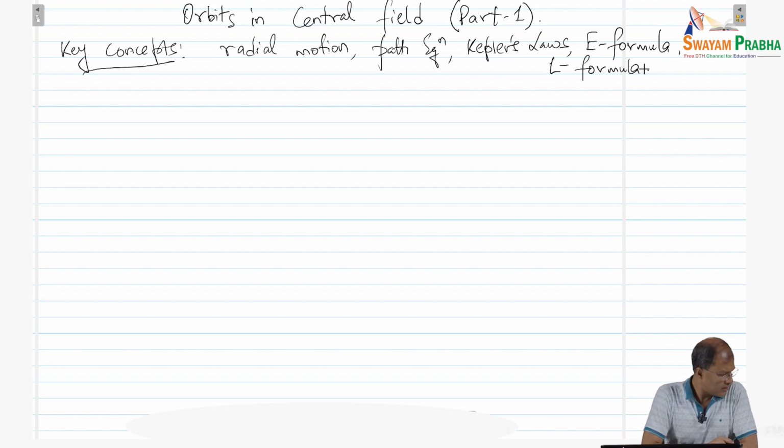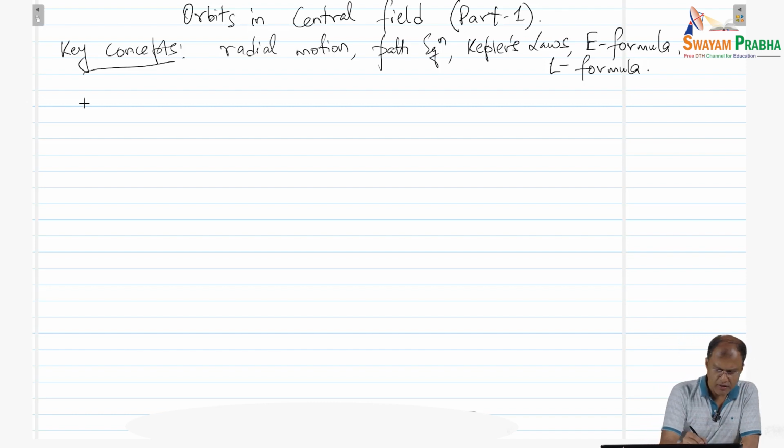Okay, so it turns out that the next biggest thing after the three laws of motion by Newton were the three laws of planetary motion by Johannes Kepler, which came a few decades later. These three laws were some of the fundamental rules governing the motion of planets in the presence of the central field of gravitation.